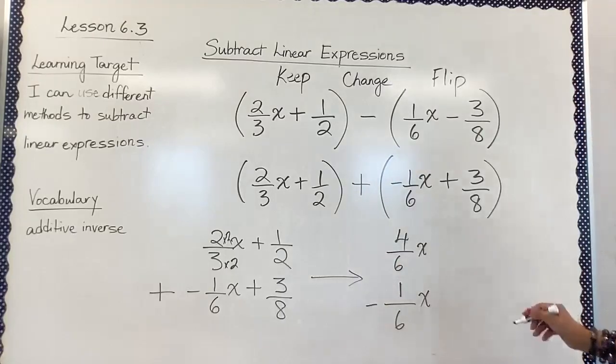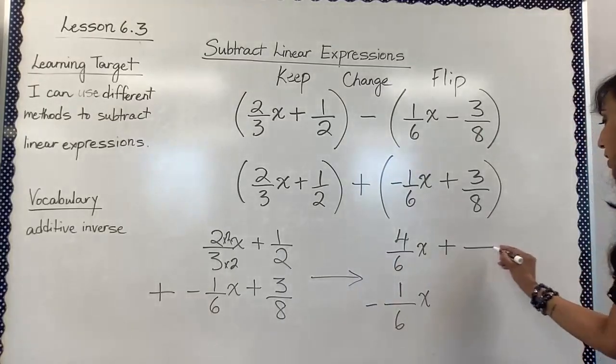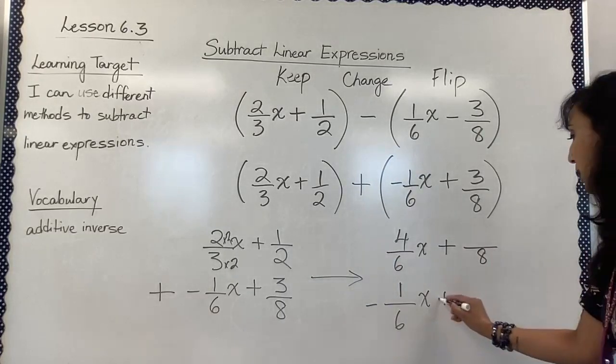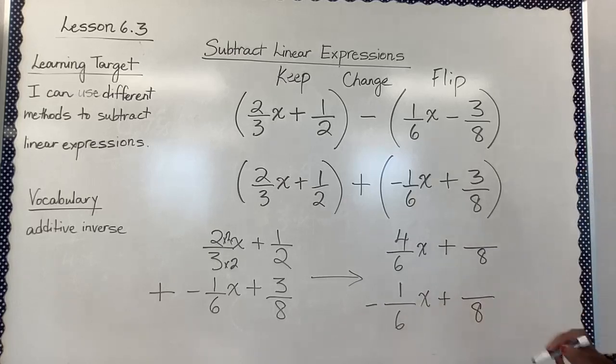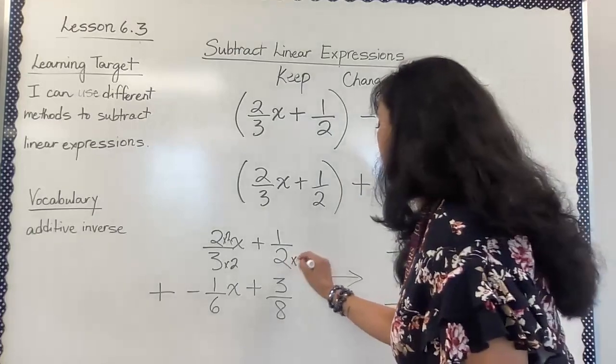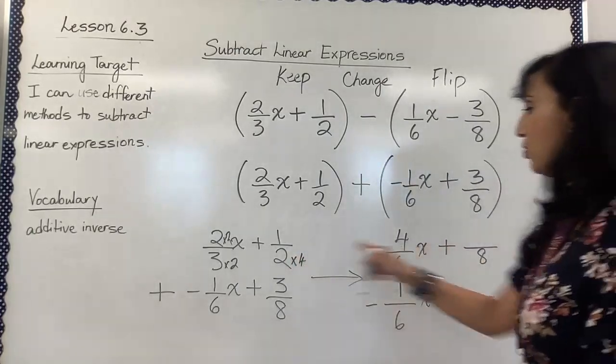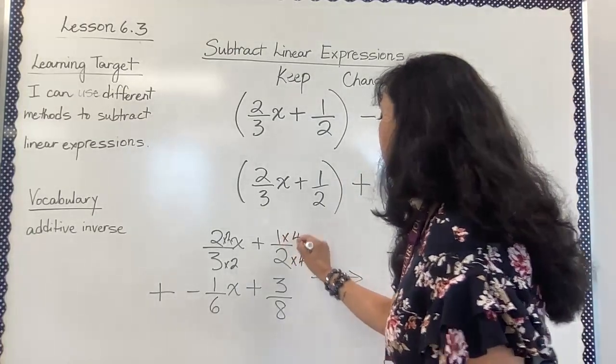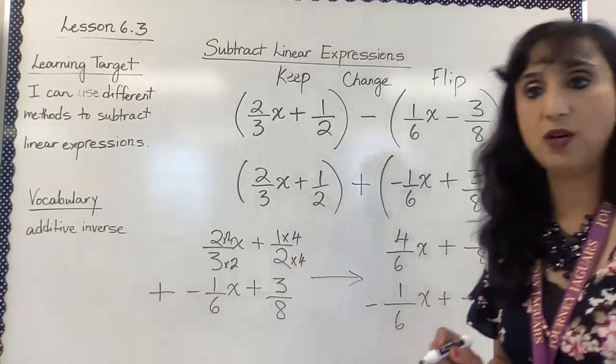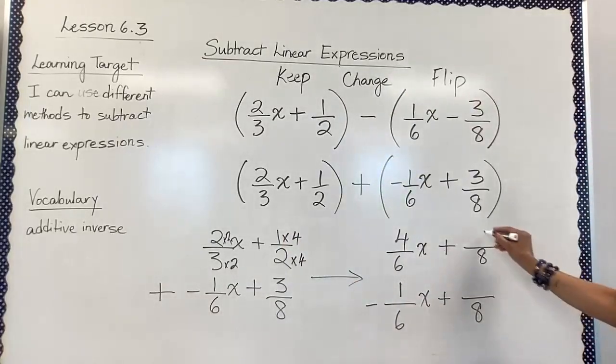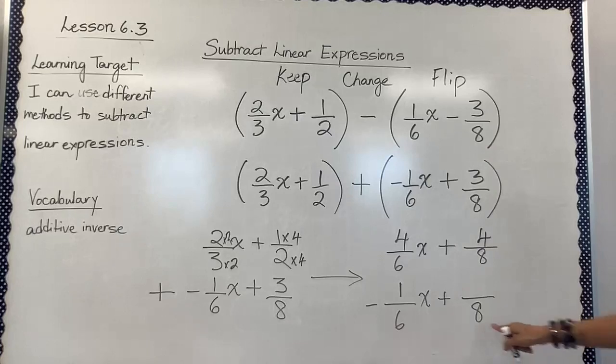So I put the same common denominator for both of these values, and 2 times 4 gives me 8. Whatever I do to the denominator, I do the same thing to the numerator, and 1 times 4 is 4/8. And then this is already with the denominator of 8.